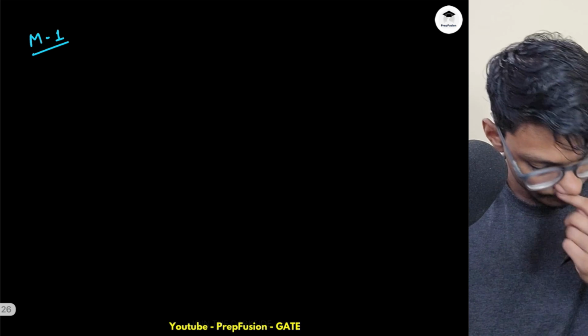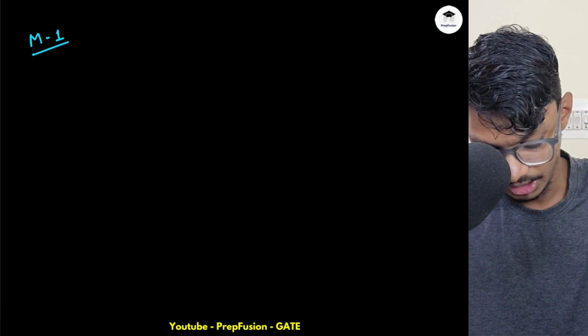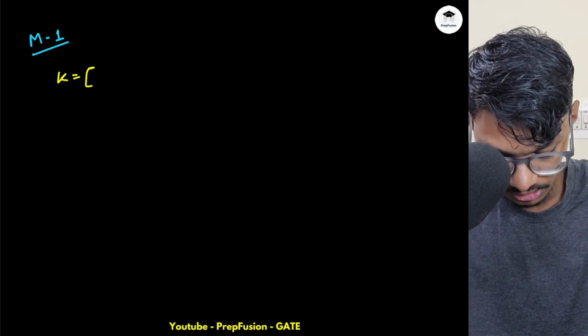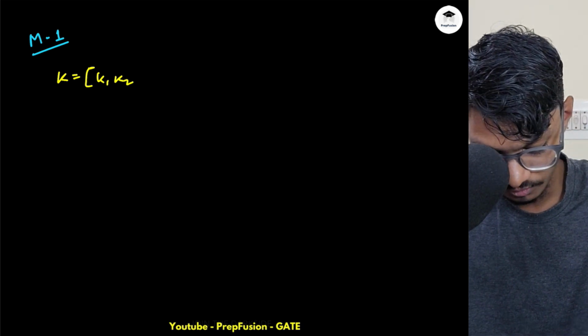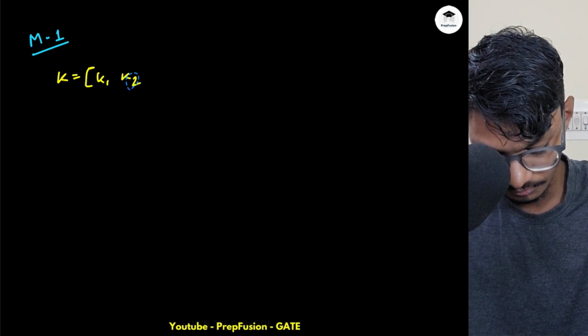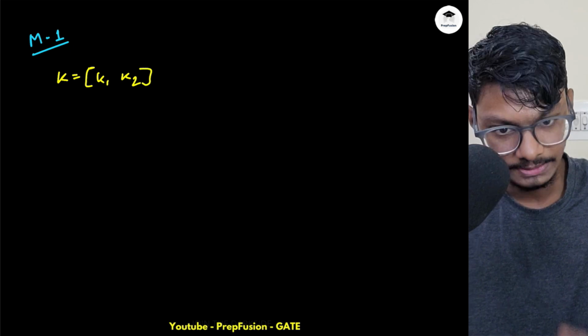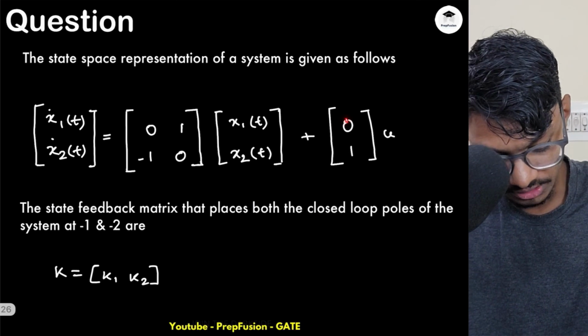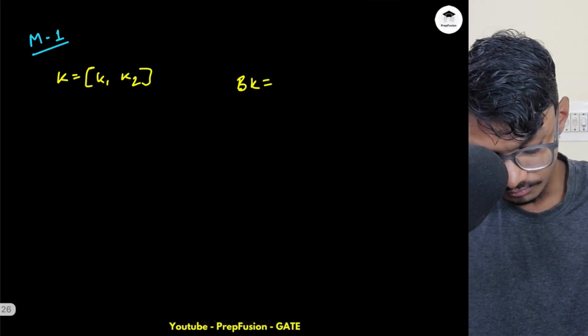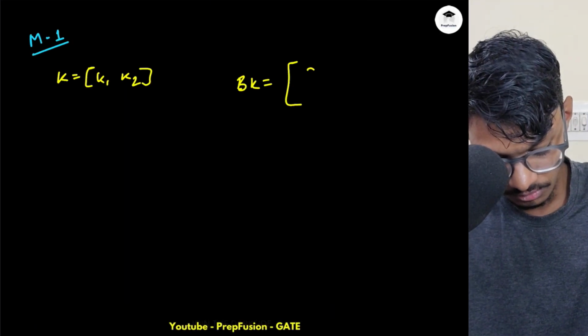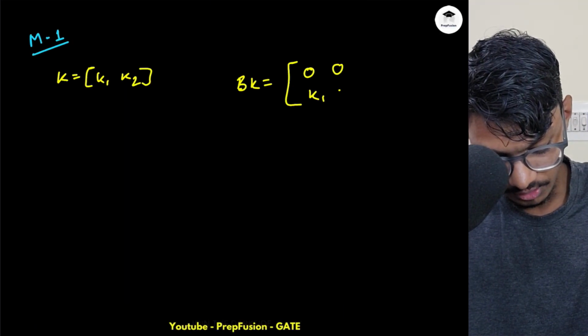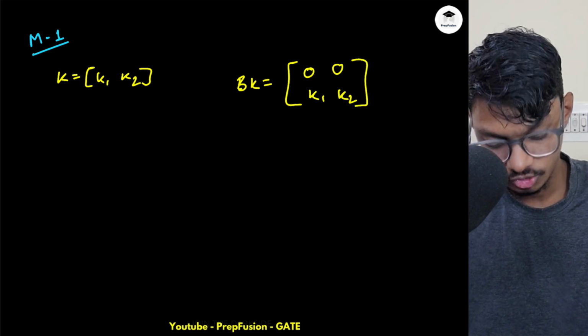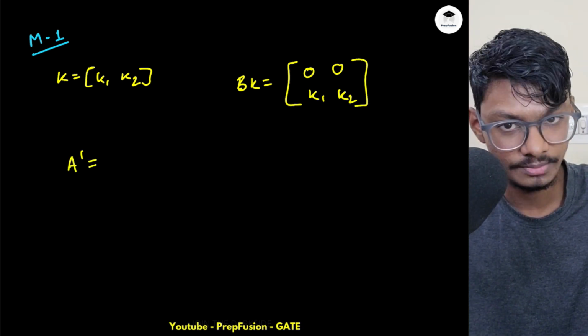If I solve it normally, I will choose a state feedback matrix K1 K2. So my BK is what? B is 0 1. So this will become 0, 0 and K1, K2. So what will my new system matrix become?